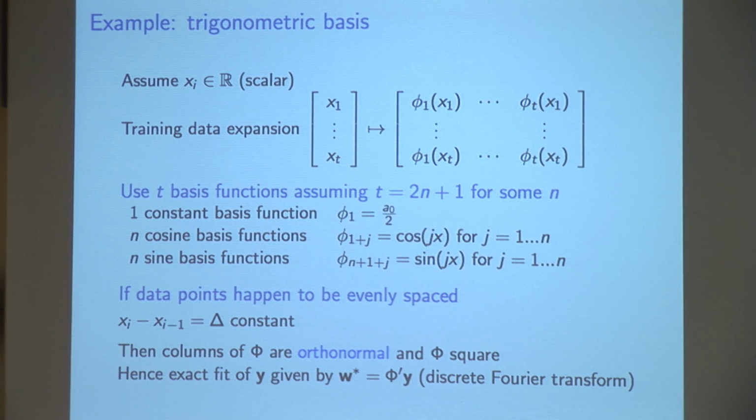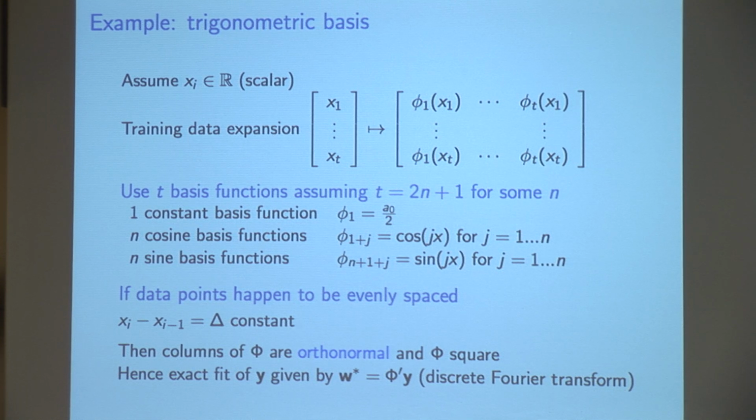If you're into signal processing, a common set of features are, for example, trigonometric basis functions. Here, you can set things up happily if you literally have scalar data that's evenly spaced, like evenly sampled signal processing, and then you set up the right choice of orthogonal trigonometric bases, and you get something really nice.